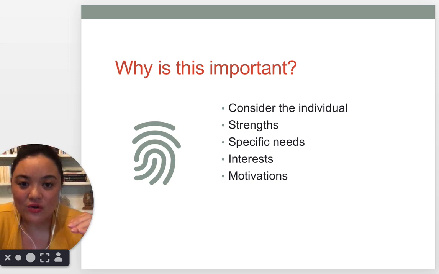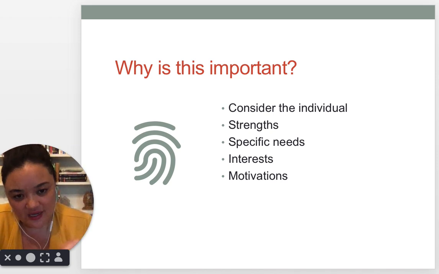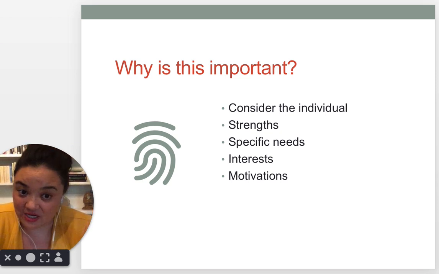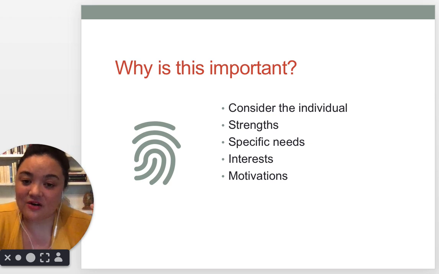The main point is that receiving a diagnosis of autism is just the starting point. We really are going to be considering the individual when we're creating our instructional plans, right? And when we consider the individual, we're focusing on strengths as well as areas of need and incorporating their interests and motivations in the strategies that we're going to use in our instruction.